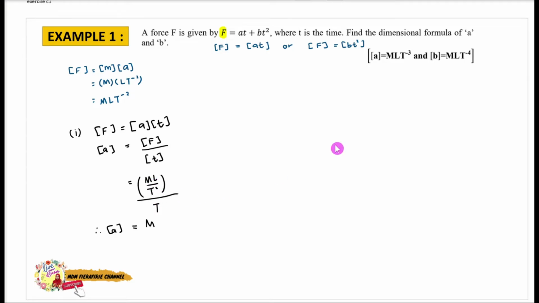ML over T cube sudah akan jadi ML T negative 3. So ini jawapannya. So kita dah dapat jawapan.